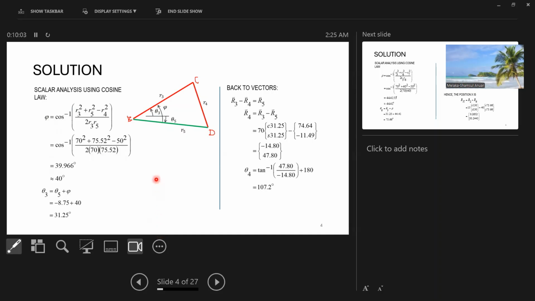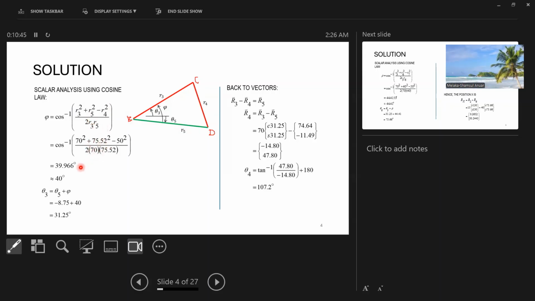Look up the Greek letters. Here we use the cosine law, and make sure the side that is opposite to the angle you want to solve for is the negative portion here. So that is R4, R4 squared. The other two sides next to the angle you want to solve for are R3 and R5.